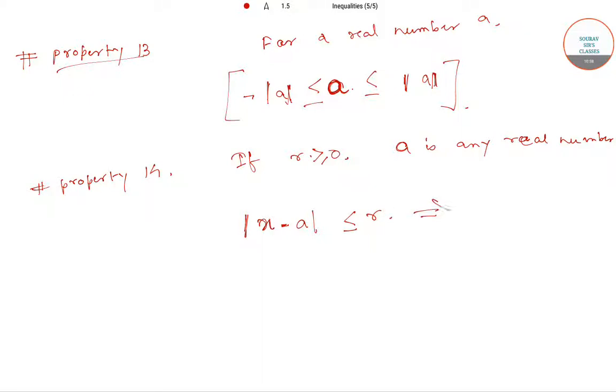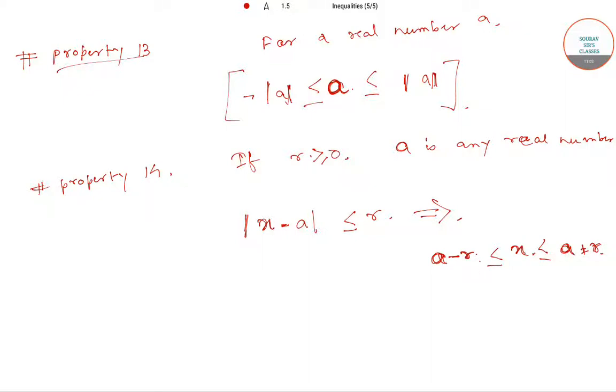Then this would imply that a minus r is less than or equal to x, which is less than or equal to a plus r. So the interval of x would be from a minus r to a plus r.